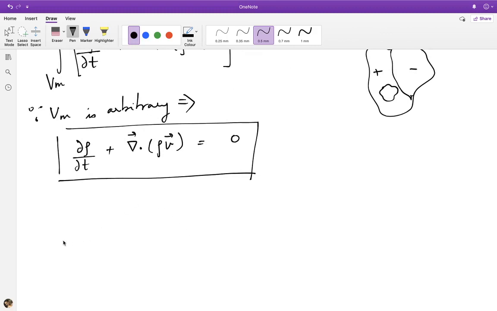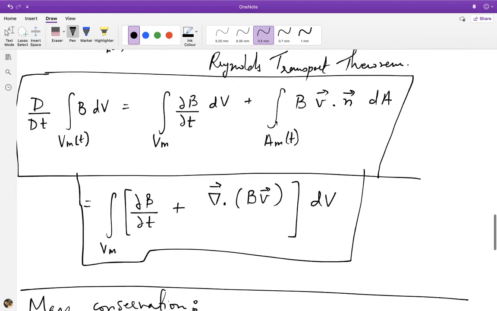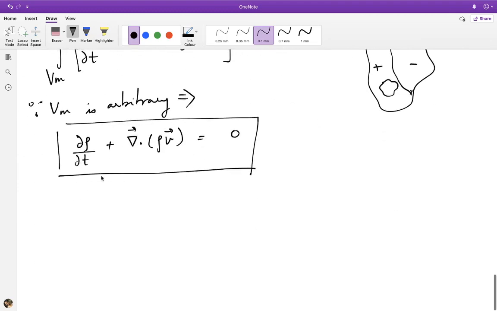So I can now rewrite this in a slightly different way. In fact, if I go back to the Reynolds transport theorem and use divergence again, let's say we now fix our attention on some fixed control volume. So this doesn't change in time, and instead fluid can pass through it.